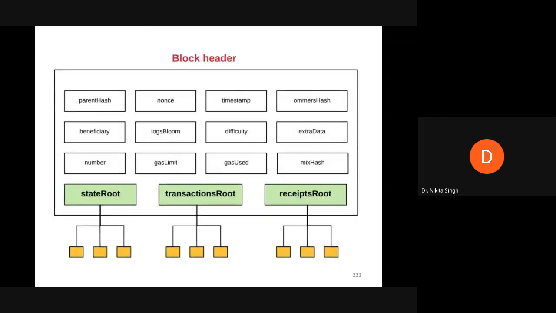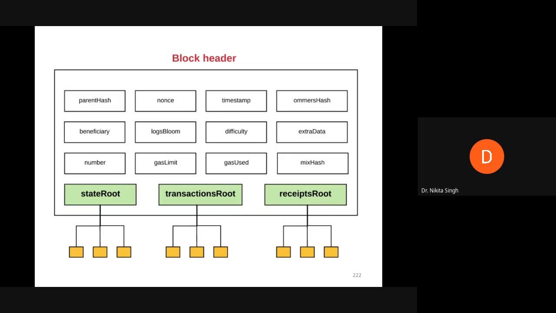All transactions that are grouped together form a block, and a blockchain is a series of such blocks that are chained together. So you can say that a block contains a summary of all of the transactions, whether it is an ether transfer transaction or a transaction to initiate a smart contract.